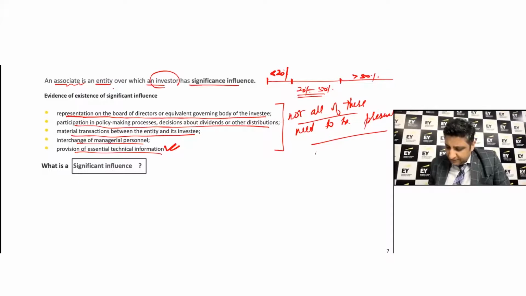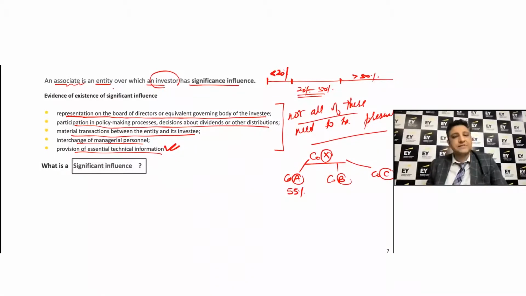If I say there is one company, which is company X, and let's say the company has 3 shareholders. Let's call them company A, company B, and company C. Let's say company A has 55% of the voting power in company X. Company B has 22%.